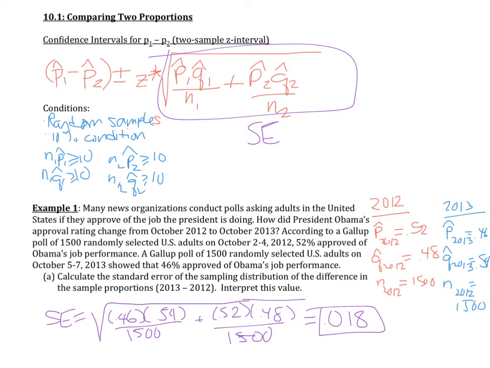The basic idea is, if we take many samples, then the difference in sample proportions would typically be about 0.018 away from the true difference.